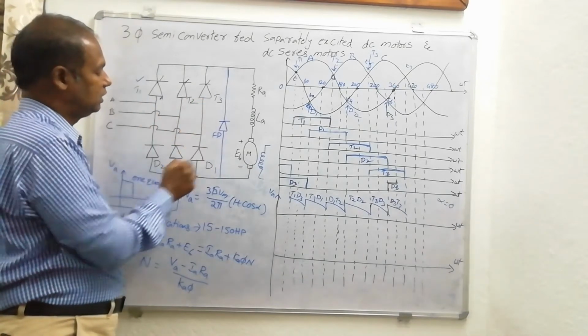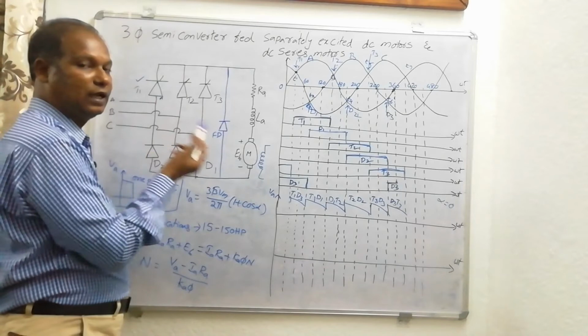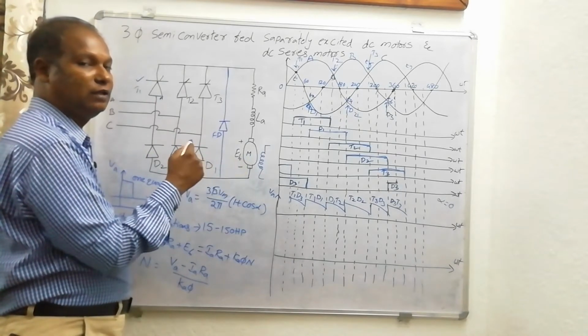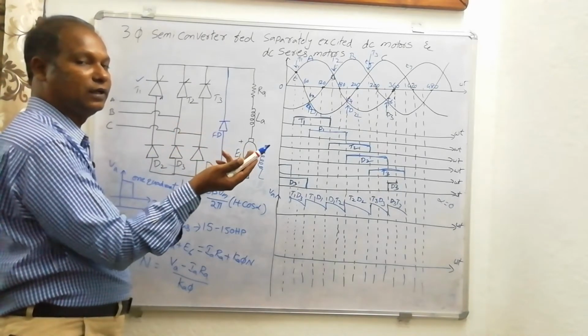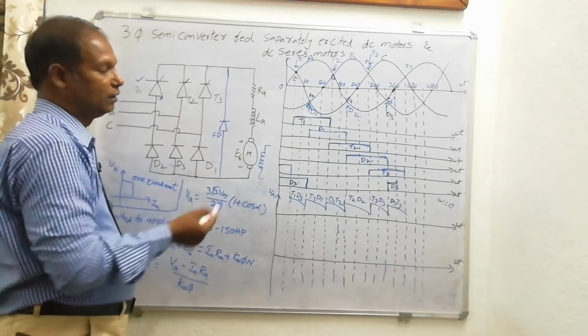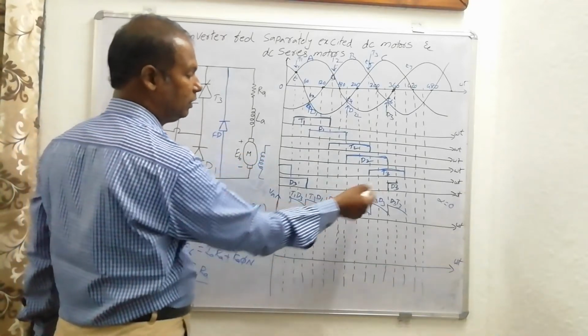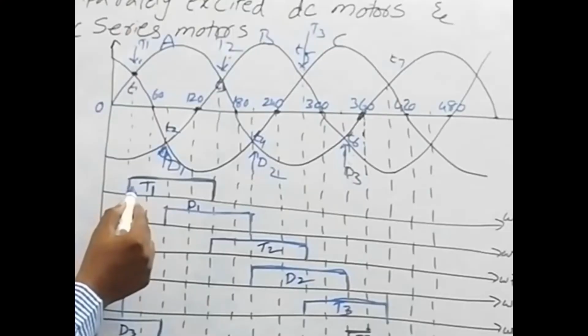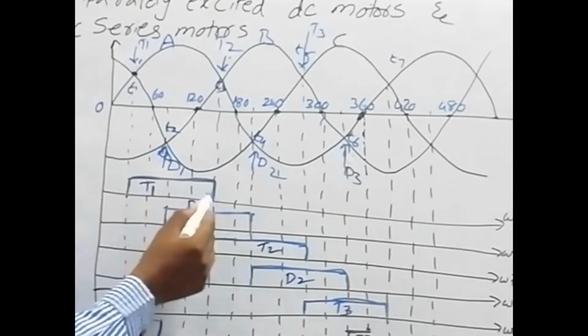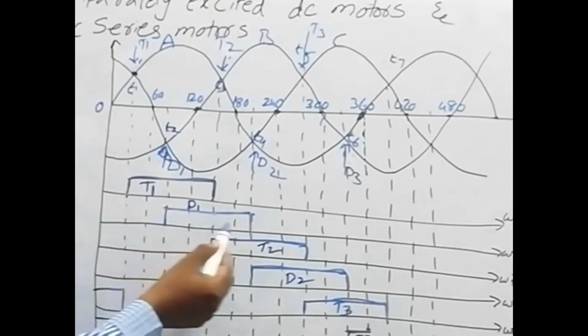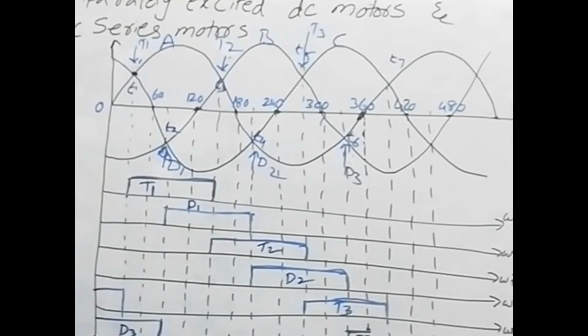There are a total of 6 diodes, so it is acting as a three-phase full diode rectifier, an uncontrolled diode rectifier. That means you will get this type of waveform. Every thyristor conduction period is 120 degrees, and every diode conduction period is also 120 degrees.